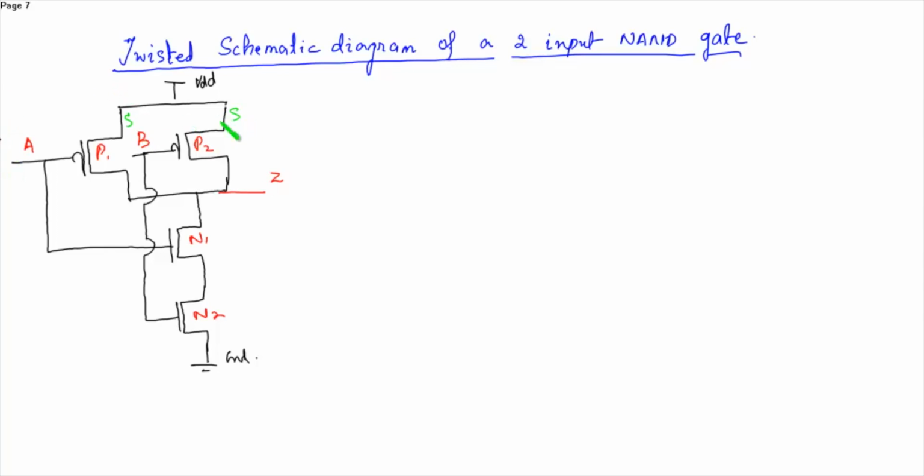So this is source, drain, source, drain, source. These are the gate terminals.